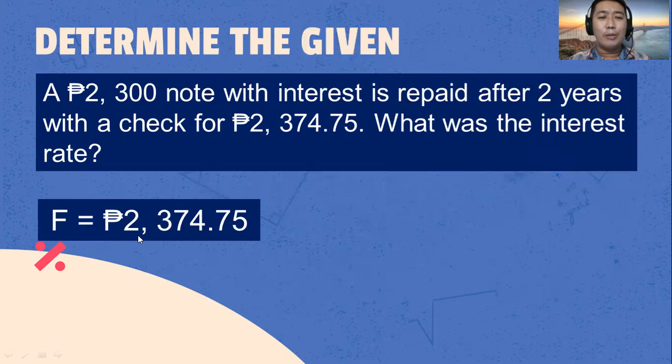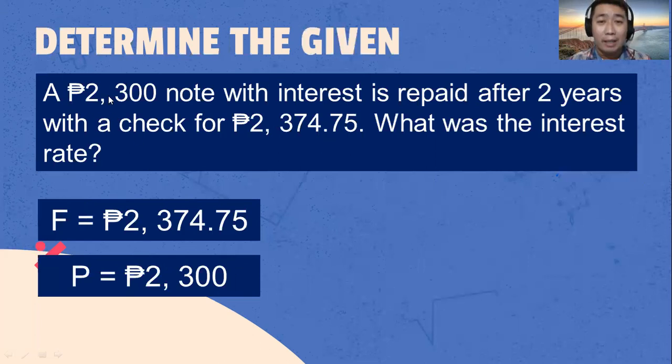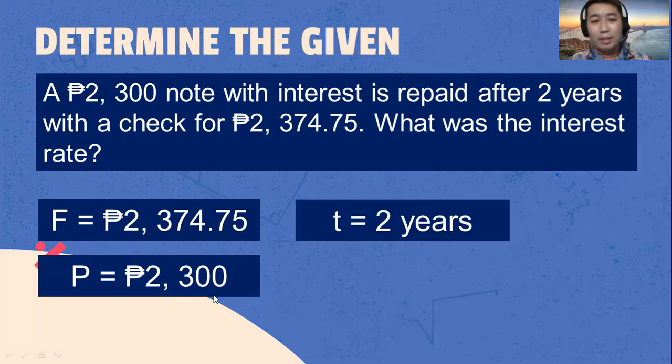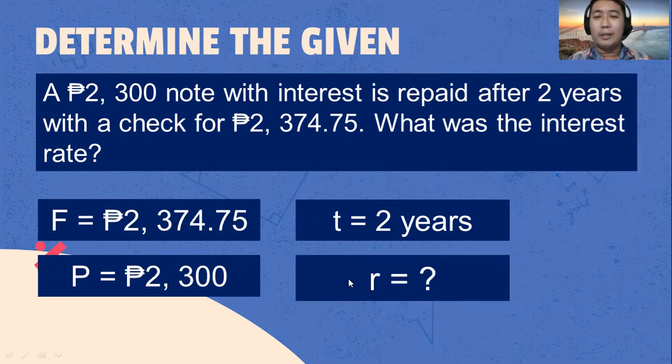We have now 2,374.75. That is the final value or maturity value after 2 years. Now we have 2,300. That is the principal amount, the amount of money borrowed, and the time to be paid is 2 years. That means we are going to look for the rate of interest based on the asked question.